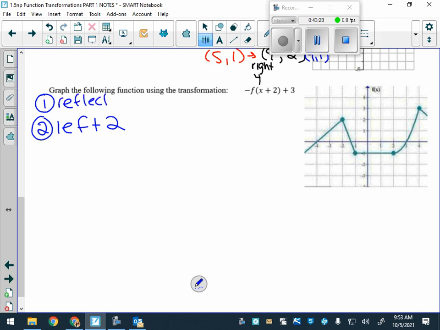Reflection over x. Good job. And the last one, Amelia. Up 3. Good. So you guys could jot the points down if you want to. I will give you these so you could see them.